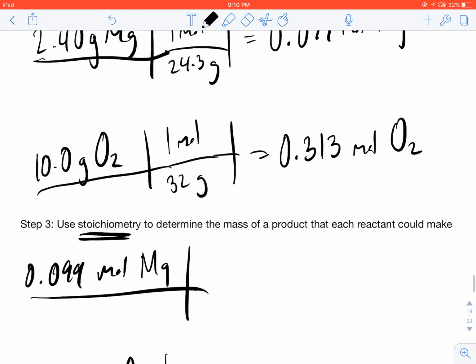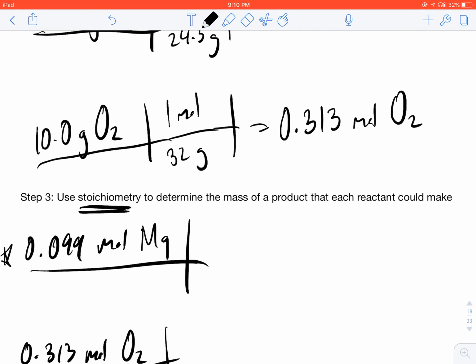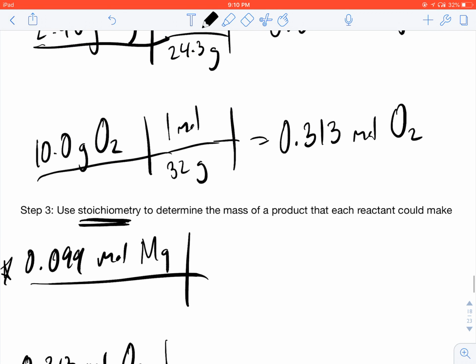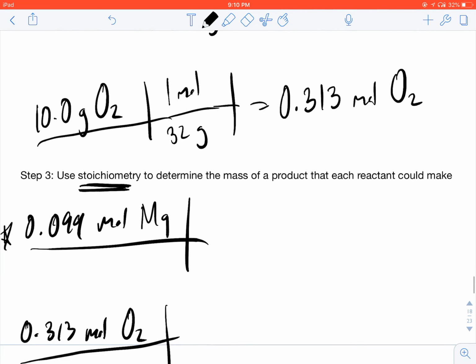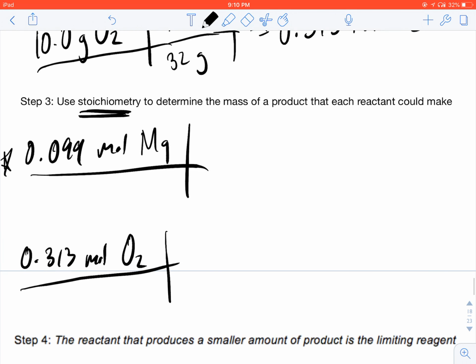So for this first line here, you can imagine a question saying, if you're given 0.099 moles of magnesium, how many moles of magnesium oxide can you make? And then with this second one, you're going to pretend you have a question saying, if you have 0.313 moles of O2, how many moles of magnesium oxide can you make?